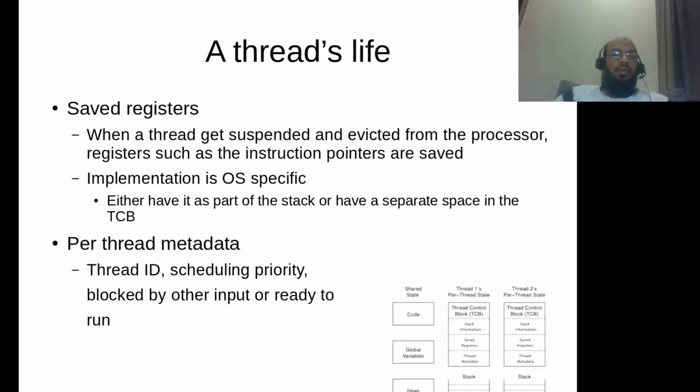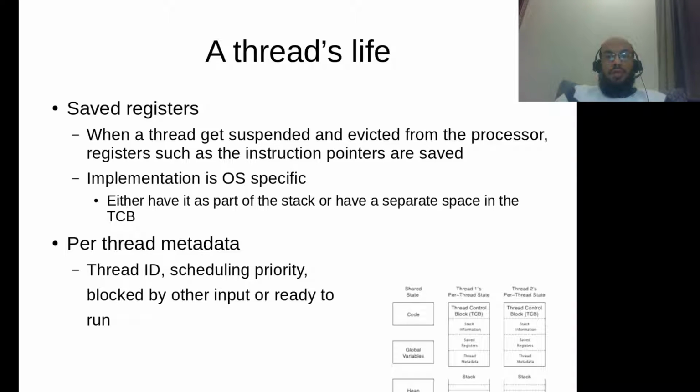And the way you implement the TCB is also different in different operating systems, of course. You either have the saved registers as part of the stack or have a separate space in the TCB for this. So when storing the saved registers after being evicted, you have a choice to have them either stored in the thread stack, which is a chunk of memory that's allocated to the thread, or on the TCB, which stores all data that the thread needs.